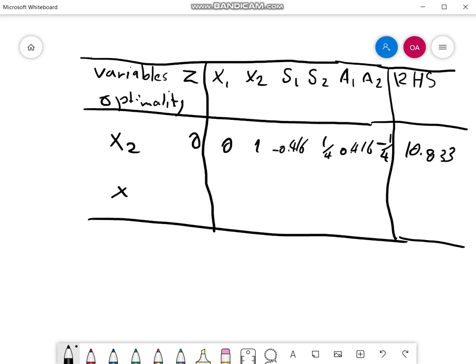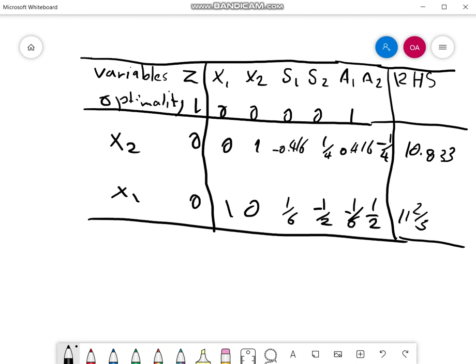And x1 is the other basic solution with 0, 1, 0, 1 over 6, half, minus 1 over 6, and half, with 11 and 2 over 3, with optimality condition of 1, 0, 0, 0, 0, 1, 1, 0.